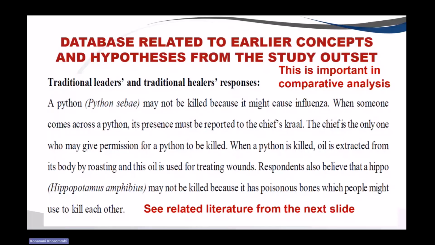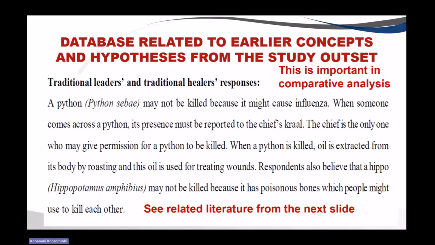Look, the traditional leaders and traditional healers responded to one of the questions about the relationship between animals and the Venda culture. They say a python may not be killed because it might cause influenza. When someone comes across a python, its presence must be reported to the chief.